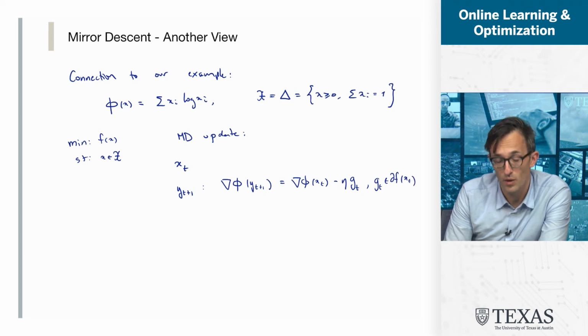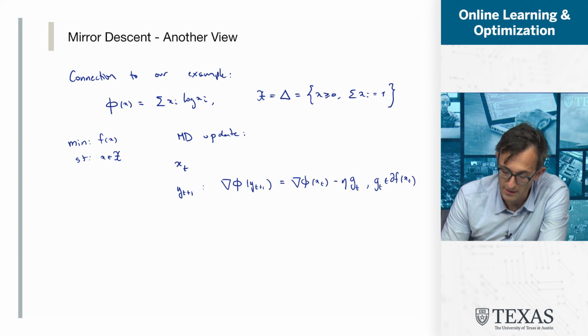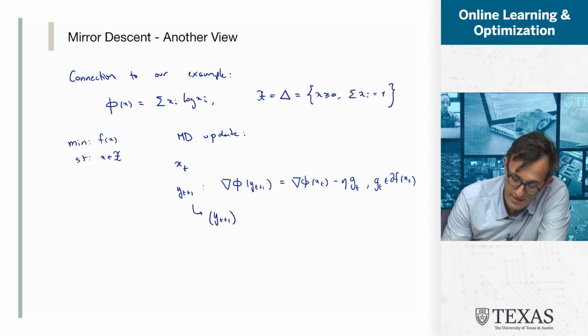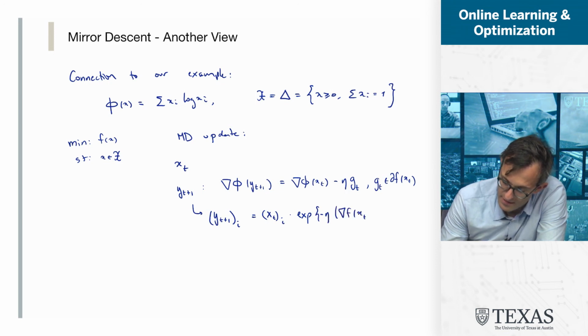So this defines yt plus 1. For our specific example, we saw that yt plus 1 was equal to this scaled xt. So the ith element of yt plus 1 was equal to the ith element of xt scaled by e to the minus eta times the gradient of f evaluated at xt, the ith element of that.